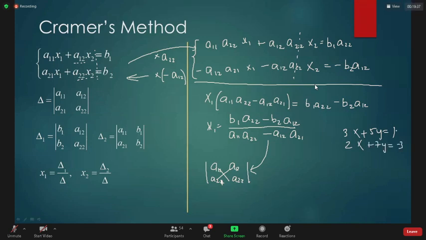To eliminate y, you would multiply the first equation by 7 and the second equation probably by minus 5 to get the opposite. So 35y and minus 35y, when you add, they disappear.